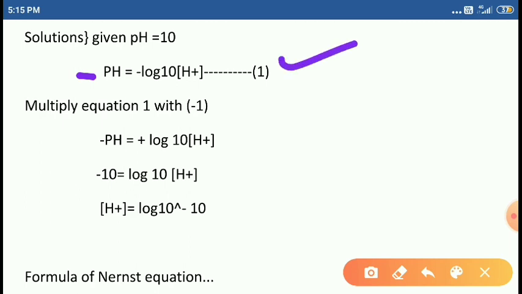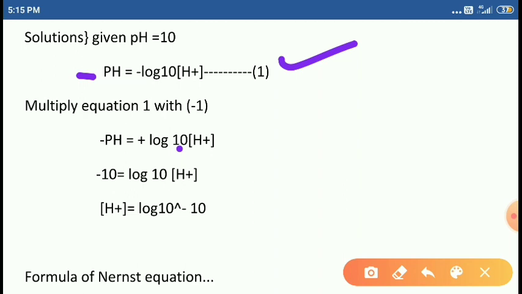This is equation number 1. Multiply equation 1 by minus 1 on both sides. Then we get minus pH is equal to plus log to the base 10 of hydrogen ion concentration.